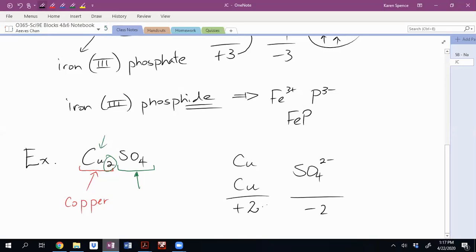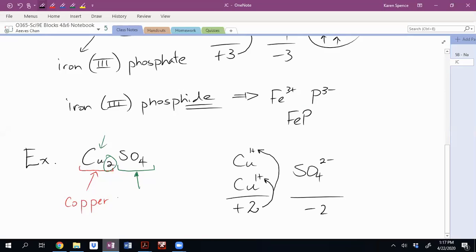And here we actually do have to do a little distributing of the charge. Okay, we have to split that +2 up over the 2 copper atoms. And so this is going to be 1 plus, 1 plus.